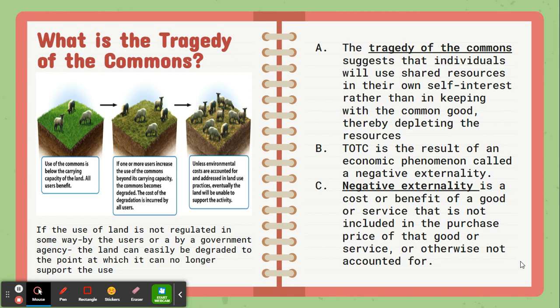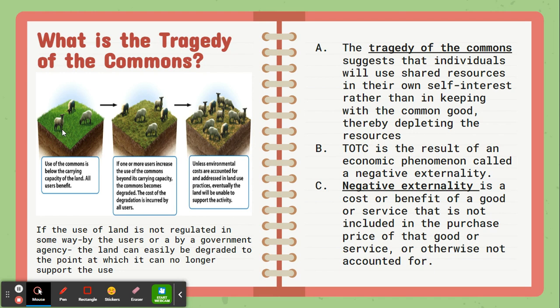If we have, let's say, a land pasture where a bunch of different townspeople, farmers, were bringing their livestock to feed on that pasture land, here it states the use of the commons is below the carrying capacity of the land at the moment, right? There's not very many livestock or sheep, but if one or more users increases the use of that commons beyond its carrying capacity, the commons becomes degraded.